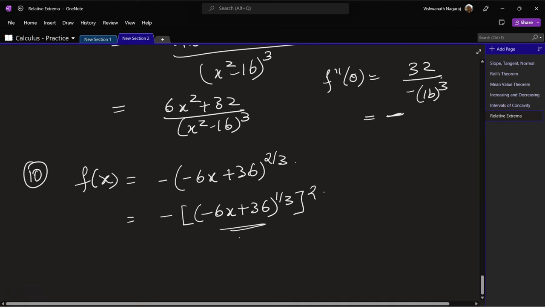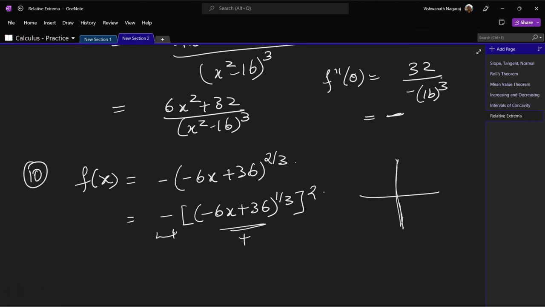This will always be positive, and because of this, f of x will always be negative. And f of x is nothing but our y-axis. So irrespective of what the value of x is, f of x will always be negative. Clear? And by the way, it will be something like this, right? So it will always be in the negative direction.